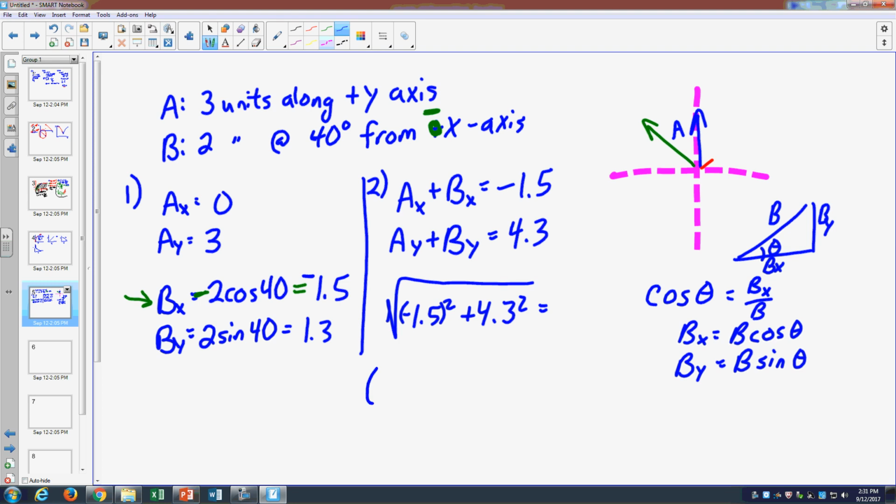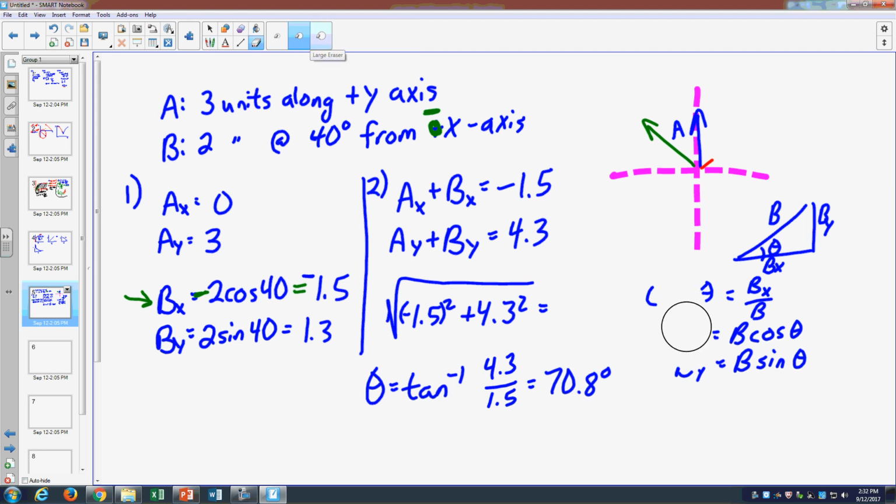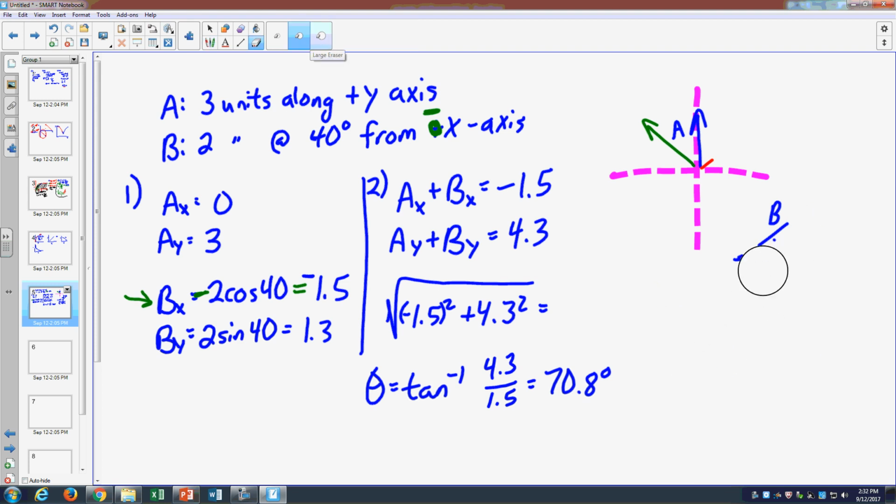If I want to know the angle theta, I say the inverse tan of 4.3 over 1.5. And that's 70 what? Be careful with that negative sign. I'm just going to write 70.8 degrees. But then I'm going to remember where is my, I'll draw my picture.